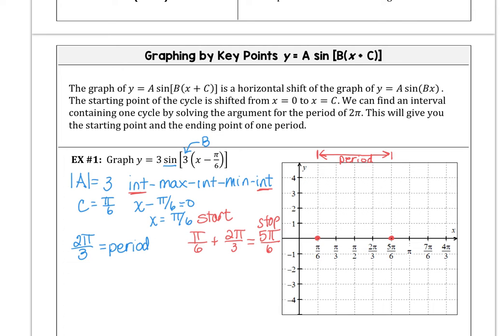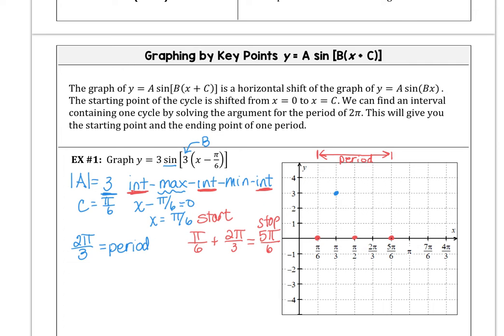Now, just like any journey, we have a starting place and a stopping place and a halfway spot. That's an intercept. So halfway is at pi over 2. And in between, halfway between the intercepts, we first have a maximum point, and the maximum is a stretch of 3. So our maximum would be at pi over 3.